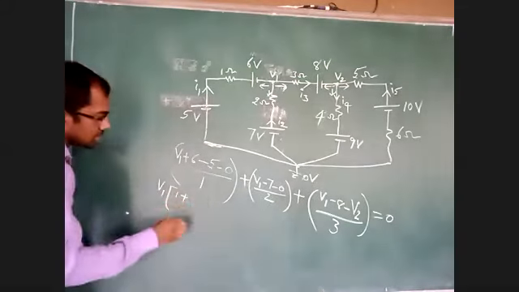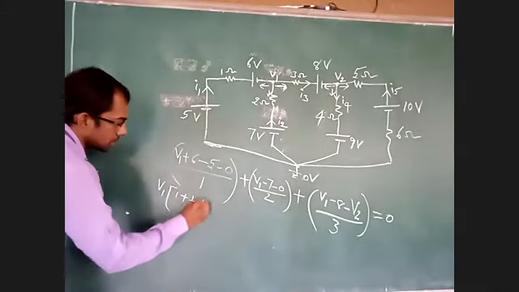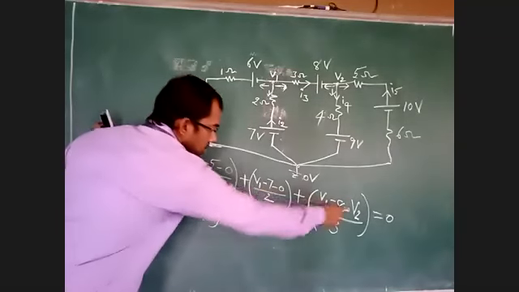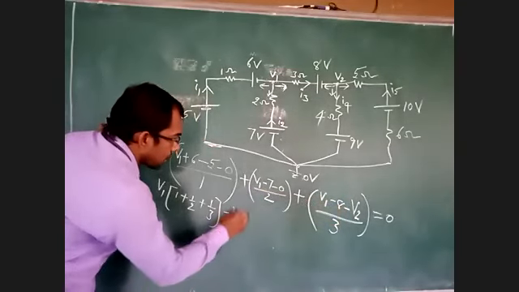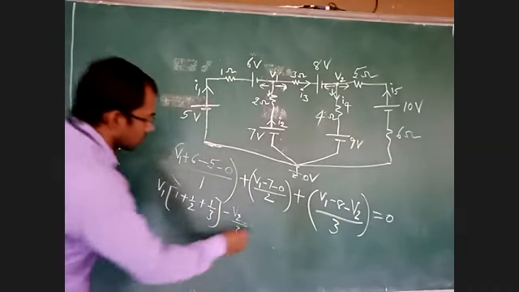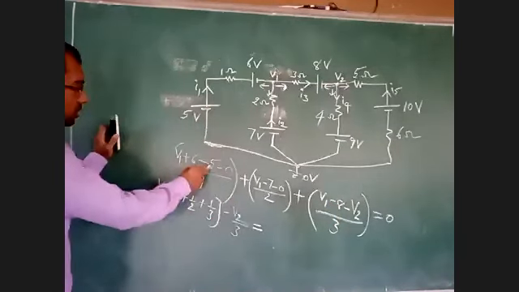That is V1 times (1 plus 1 by 2 plus 1 by 3). Next, V2 terms, that is minus V2 by 3, equal to 6 minus 5, which is 1.